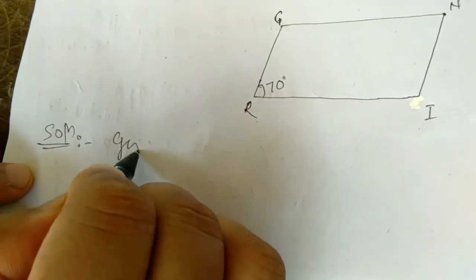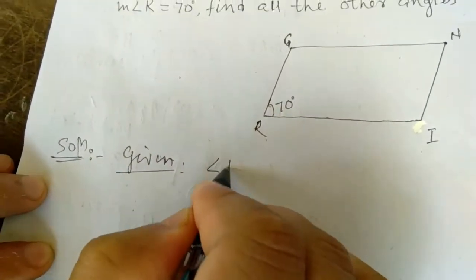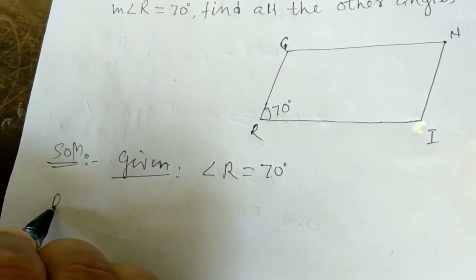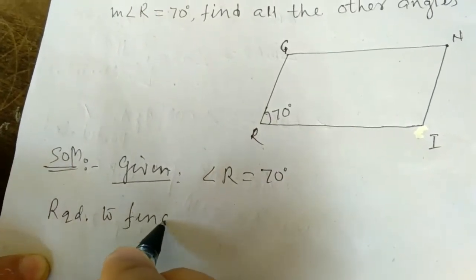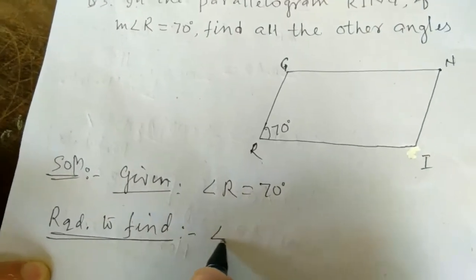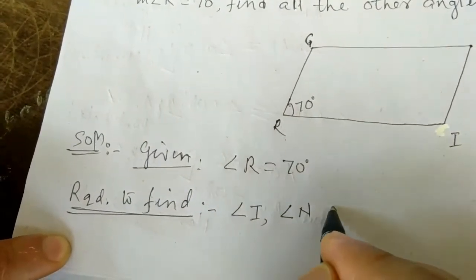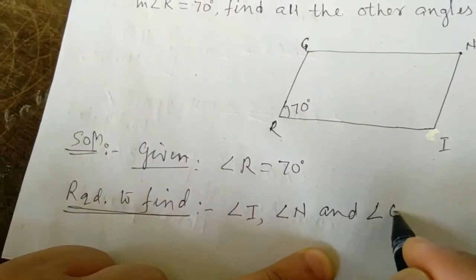Given: angle R equal to 70 degree. Required to find all the angles, that means angle I, angle N, and angle G.